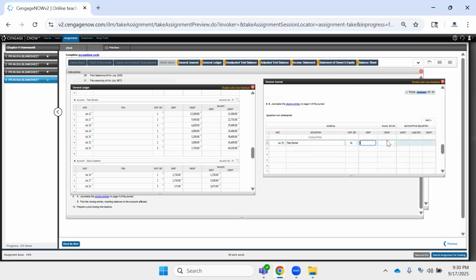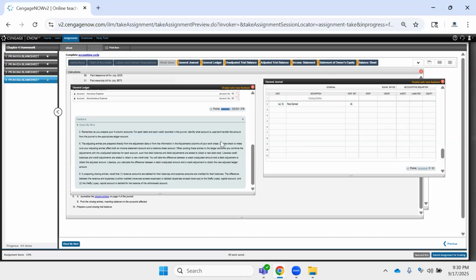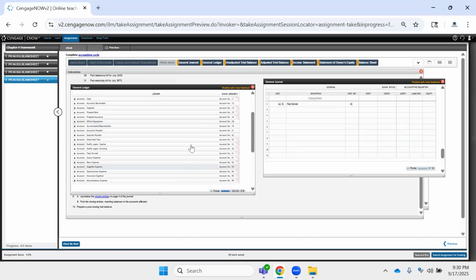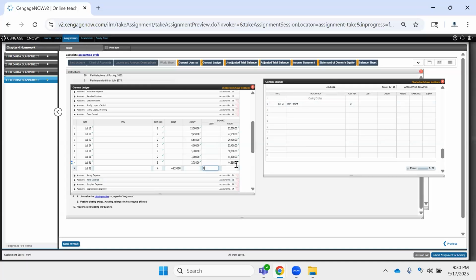We have to debit the ending balance. And once we debit the ending balance, then the ending debits and credits will be 0.